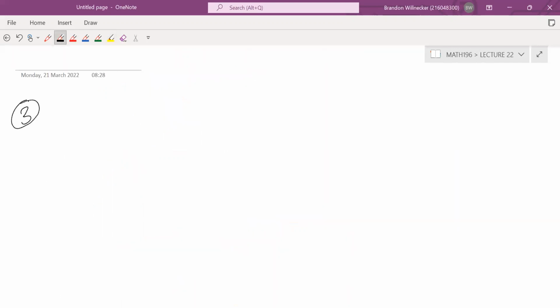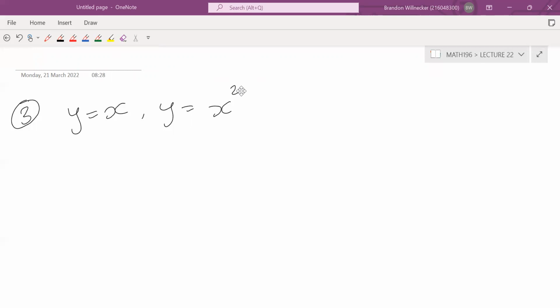Example number 3. Okay, so we've got the following curves. Y is equal to x. Y is equal to x squared. Okay, so that's going to give us some enclosed region. We need to take this enclosed region and rotate it around some axis.